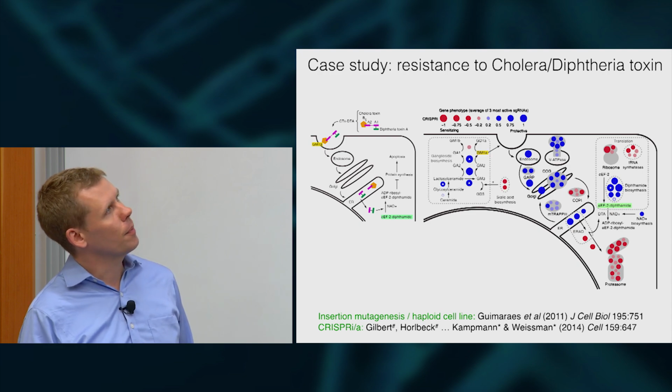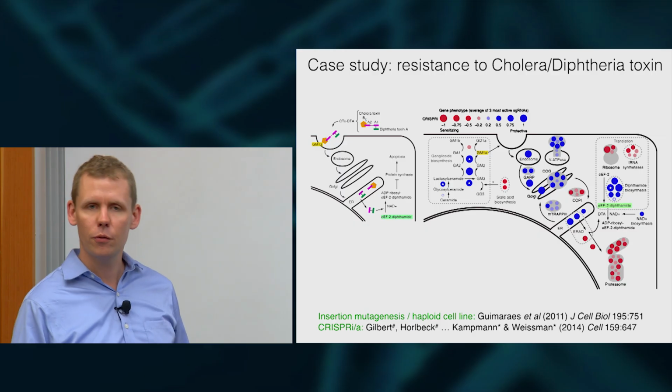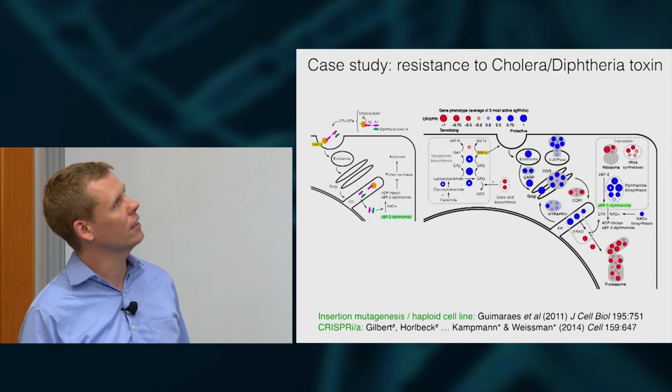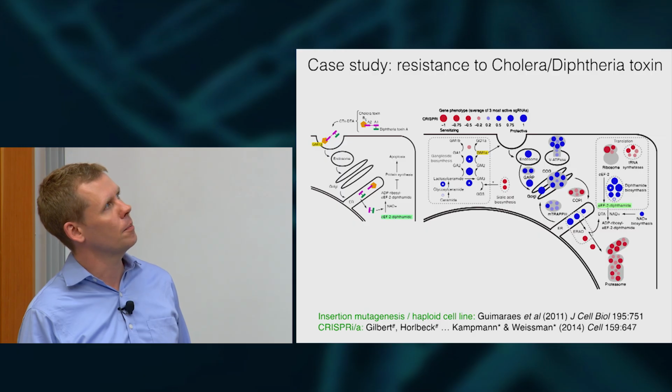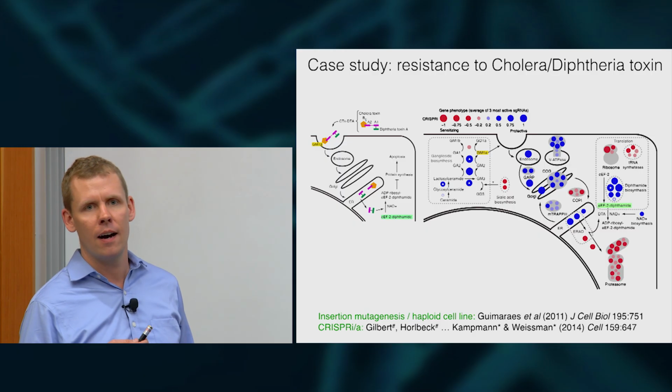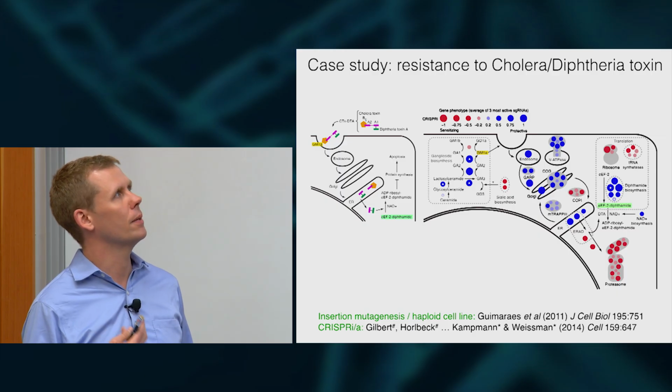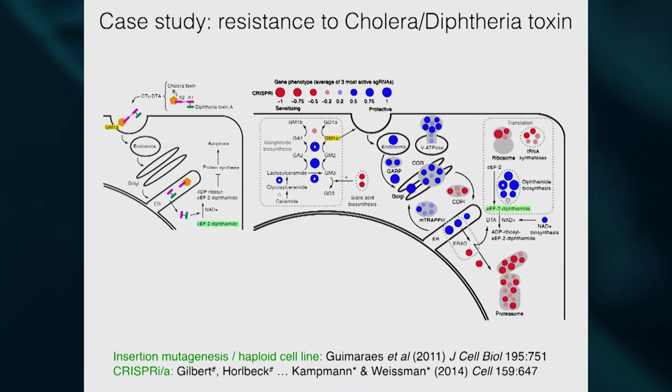And then we also find the biosynthetic pathway for the cell surface receptor of the toxin, the specific ganglioside. And again, in a very nice way, we see that the enzymes that lead up to synthesis of the specific GM1a ganglioside are protective when knocked down, presumably because that means there's less cell surface receptor. The first enzyme in the pathway leading away from this metabolite is actually sensitizing.